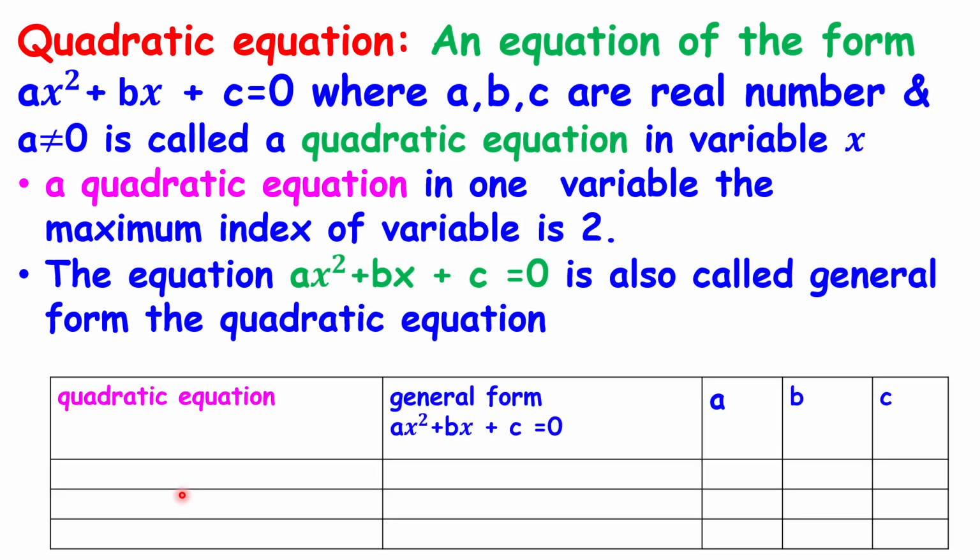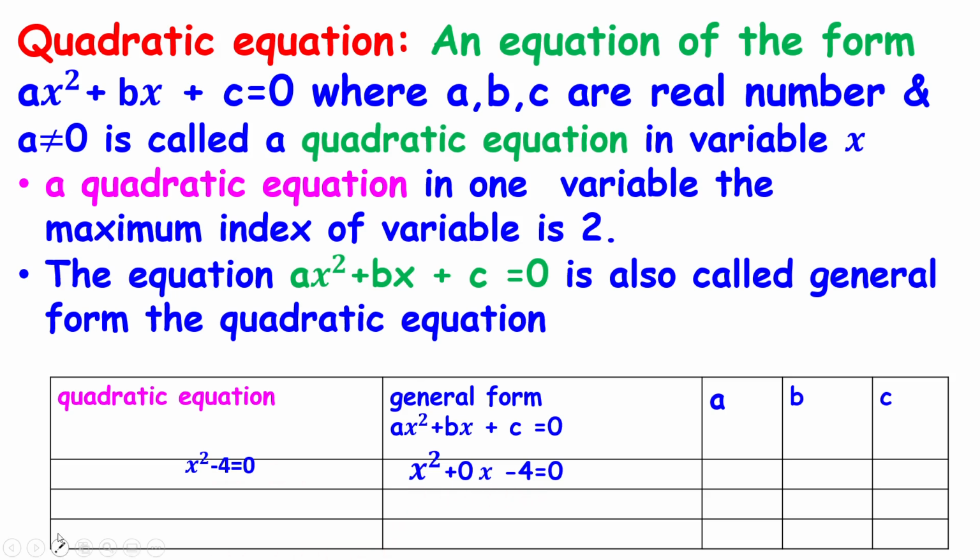We see some examples. We write these examples in general form. The first is x square minus 4 equal to 0. First, we write this equation in general form. Here the middle term is absent. Therefore, x square plus 0 into x minus 4 equal to 0.